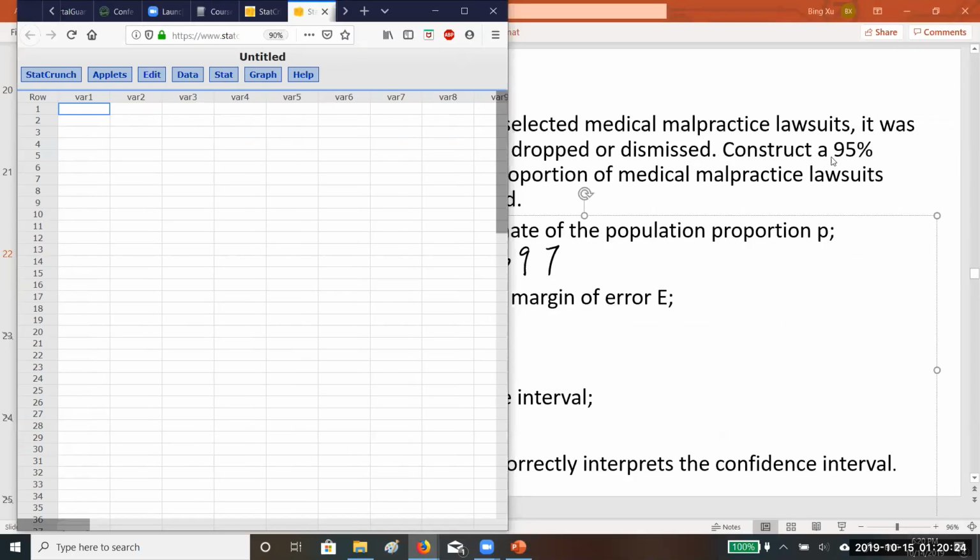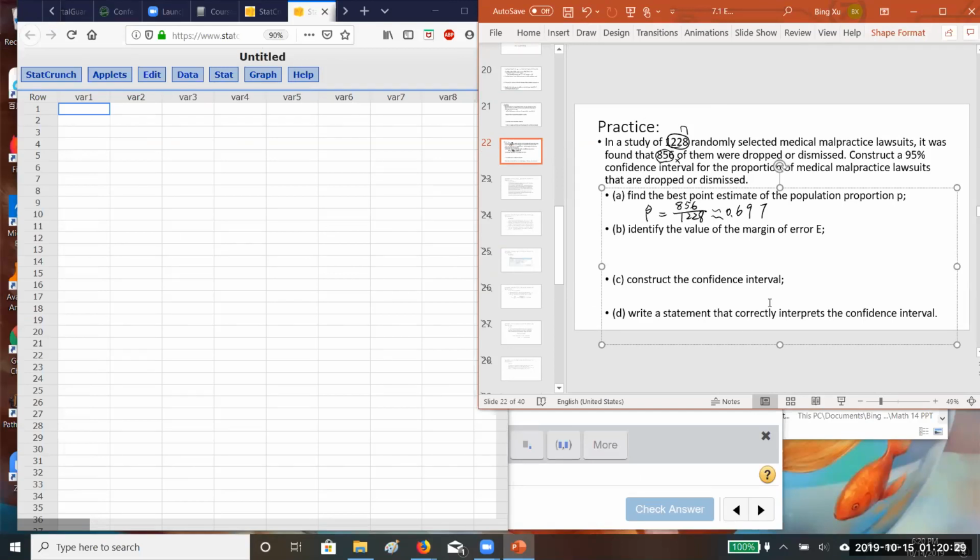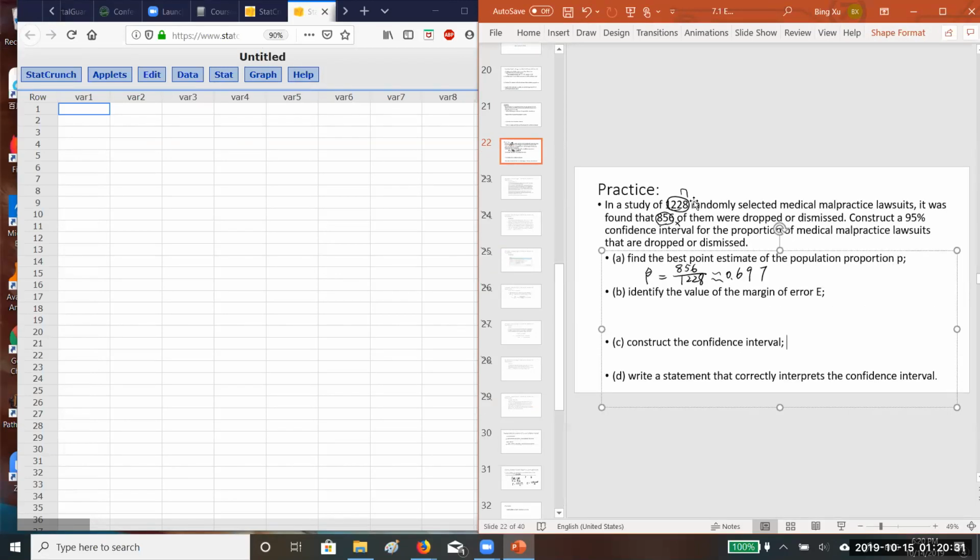So what is the problem? The problem says, in the study of this many randomly selected lawsuits, it was found this many of them were dropped or dismissed. Conduct a 95% confidence interval for the proportion of medical malpractice lawsuits that are dropped or dismissed.